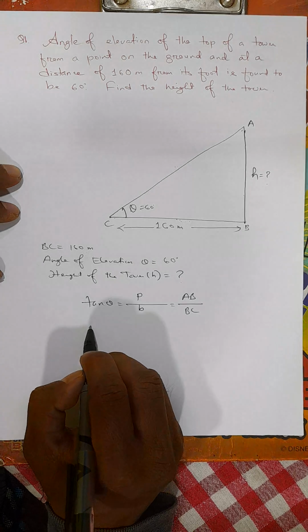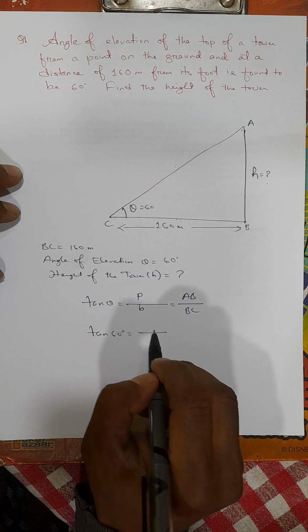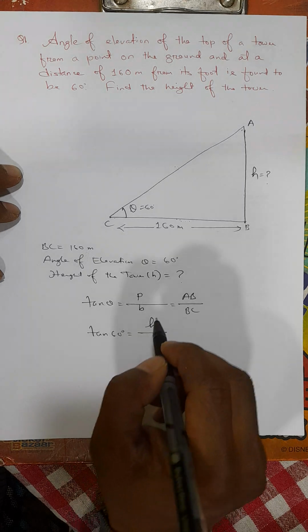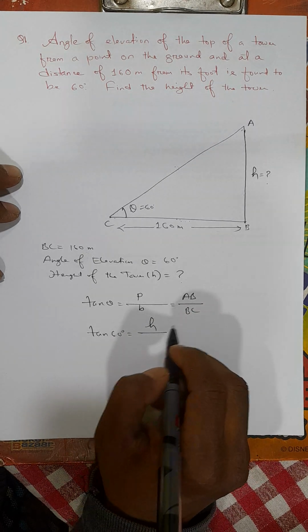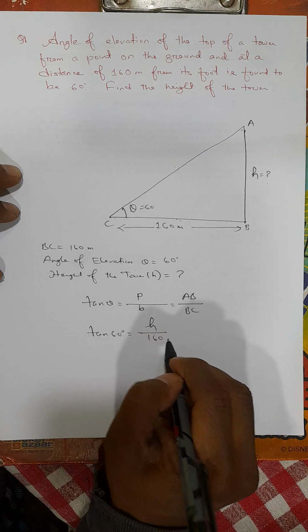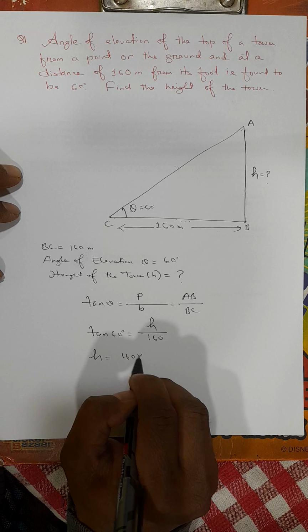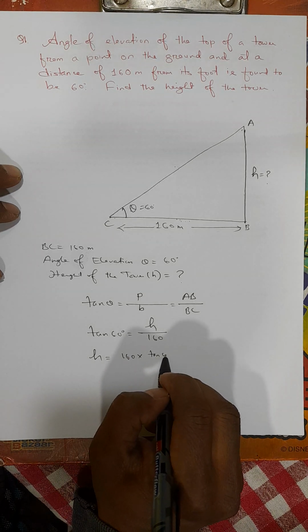Now here tan theta means tan 60 degree. AB, it is h, height of the tower. Then BC is 160 meter. So what is h? 160 multiplied by tan 60 degree.